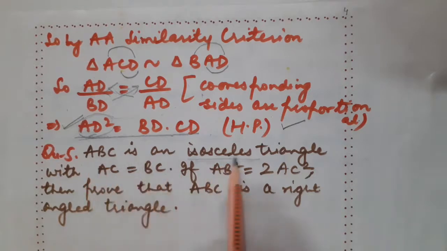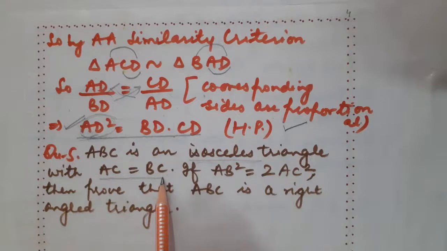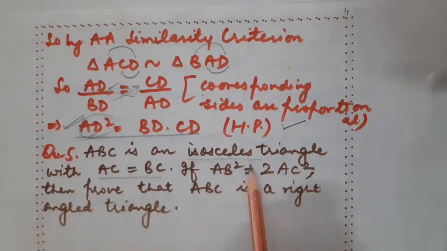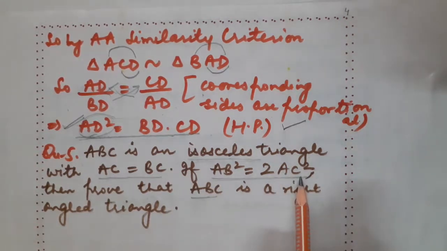So you have to construct an isosceles triangle in such a way that AC must appear equal to BC. Correct? If AB square is equal to twice of AC square, then we have to prove that ABC is a right angled triangle. So we have to prove that ABC is a right angled triangle and we have to use this given condition.